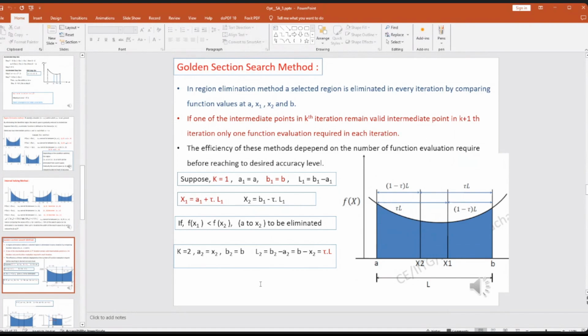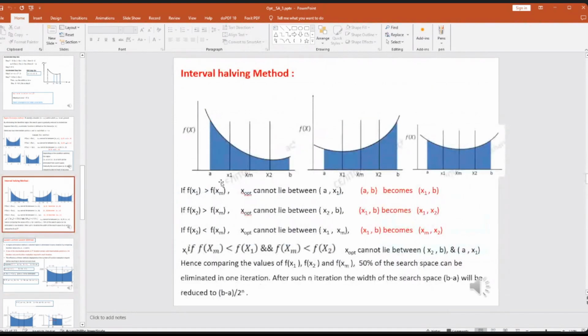Suppose in the previous one, we have chosen that x1 is equal to a plus 0.25 of the b minus a interval, isn't it? And xm is the midpoint and x2 is b minus a quarter. But suppose a2 x1 is eliminated, then x1 does not remain the midpoint of the residual interval. Yes, sir. x2 is not the quarter from b.